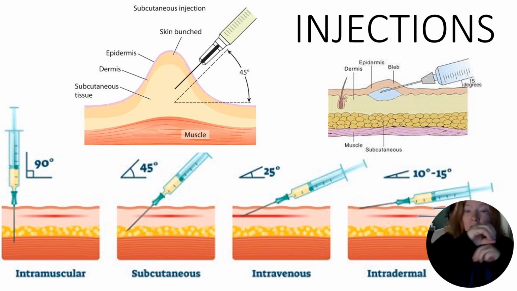However the needle is arranged, you can tell where the injection is attempting to be administered. Is it being administered between the epidermis and the dermis? Is it being administered into the dermis? Is it being administered below in the hypodermis, or even below the hypodermis in the muscle?